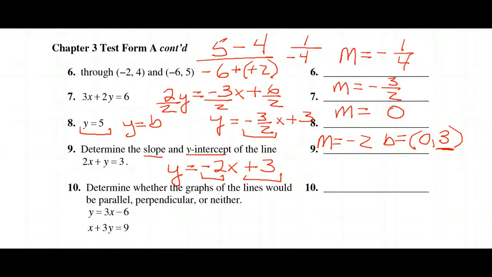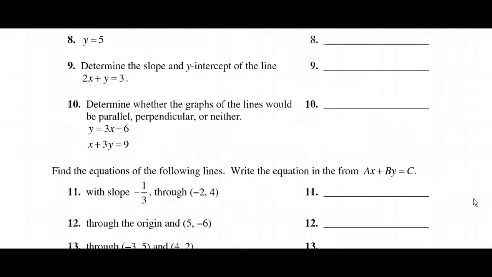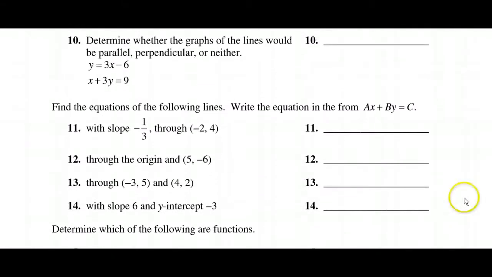All right, let's raise it up a little. For number 10, they're asking to determine whether these lines are parallel, perpendicular, or neither. And again, the strategy is to solve each of these for y, because our slope here for this one is 3.